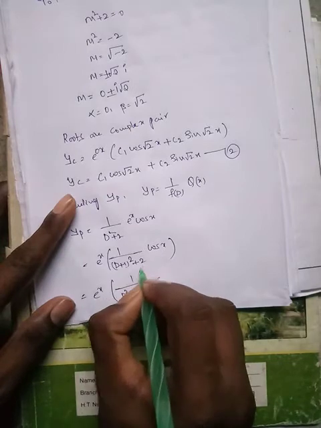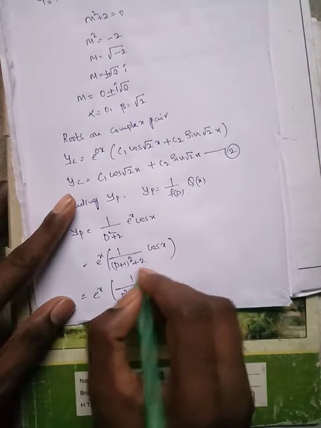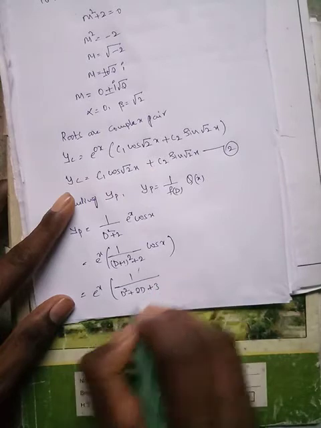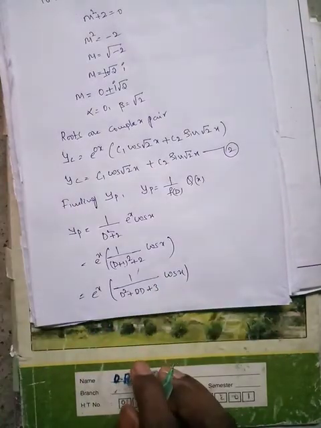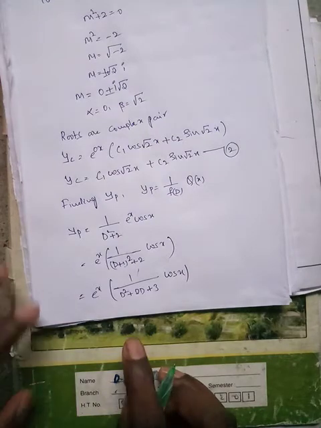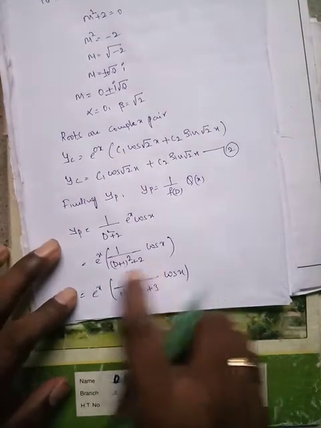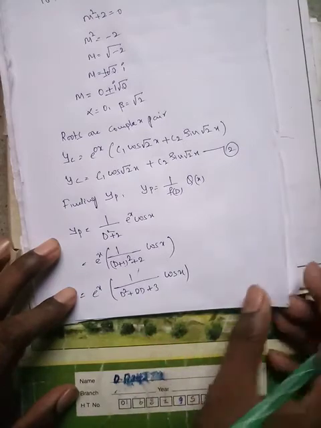So 1 plus 2 is 3. Finally, by expanding (D plus 1) whole square, this part becomes D square plus 2D plus 3, cos x.